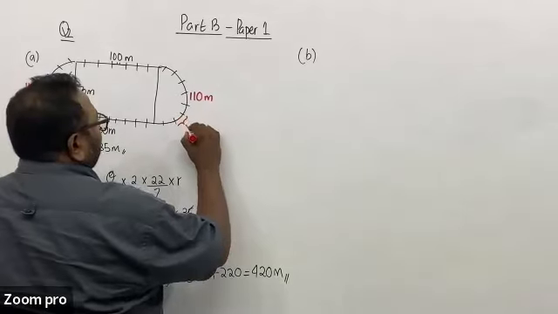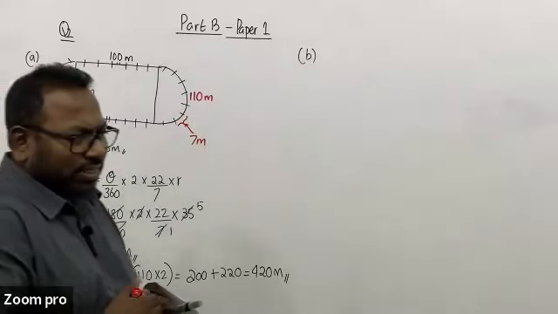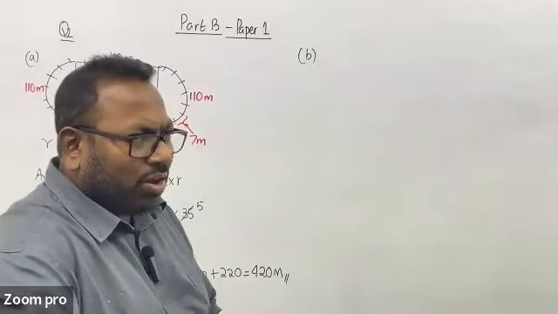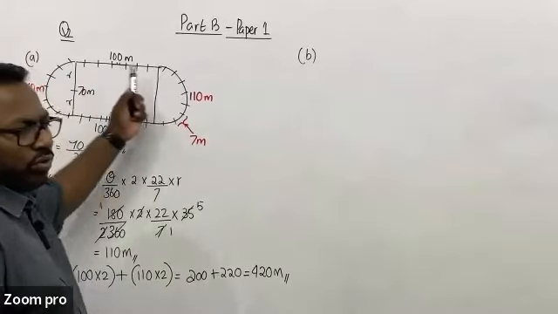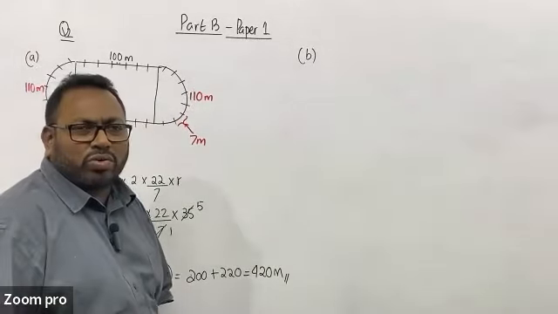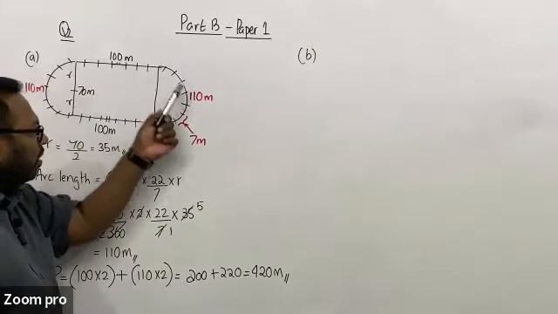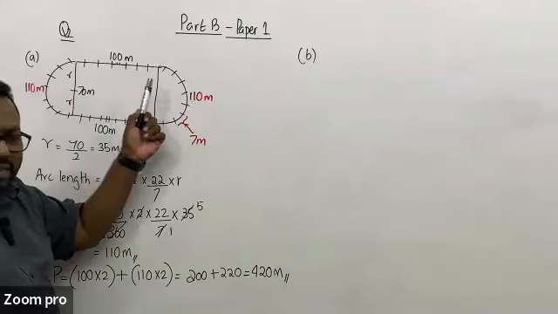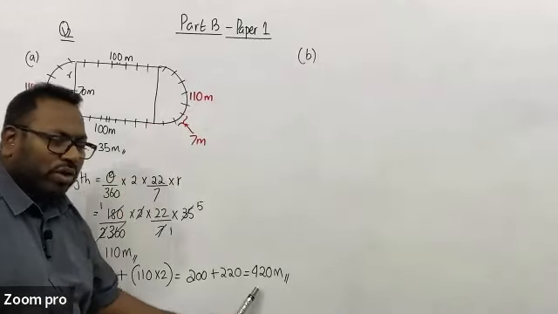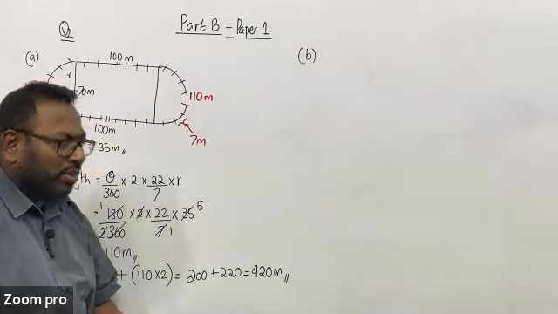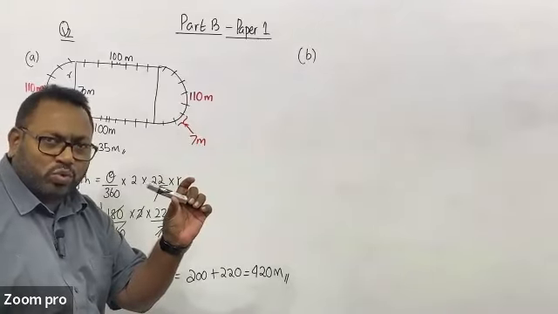That's what they're saying. Now they're asking you how many of these posts you have to make around the boundary of this land. So basically what we know is the total length of the exterior of this land is equal to 420 meters, and there has to be a gap of 7 meters between two posts.